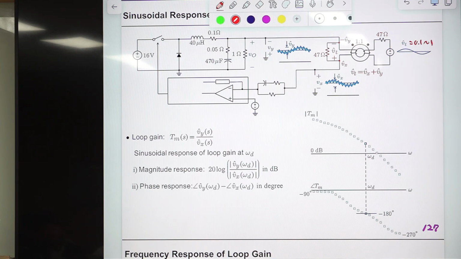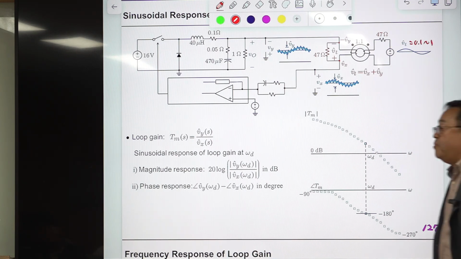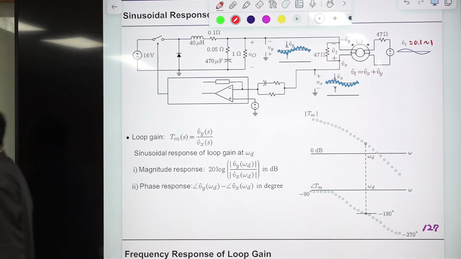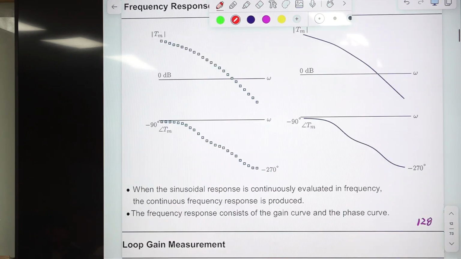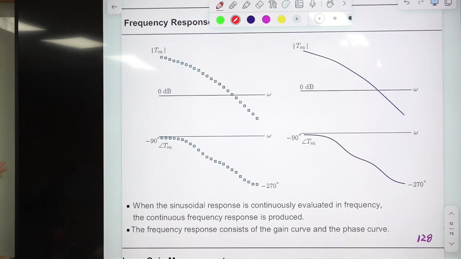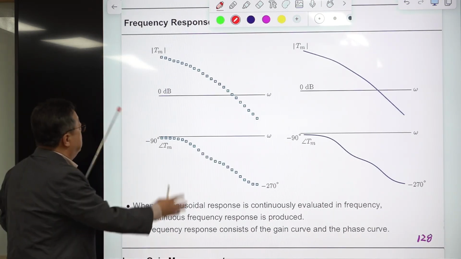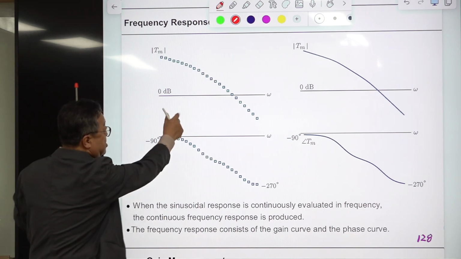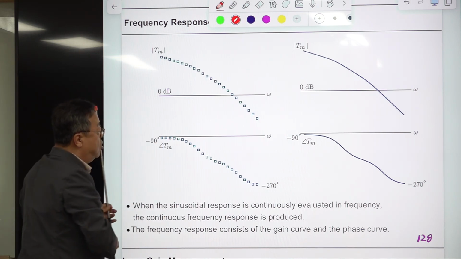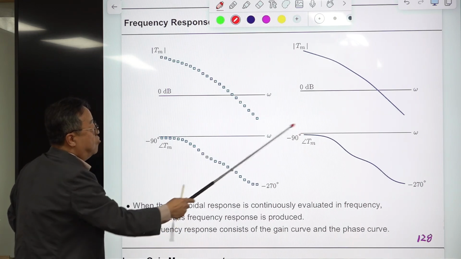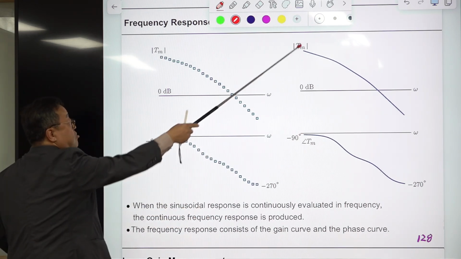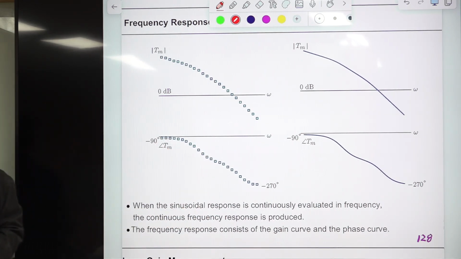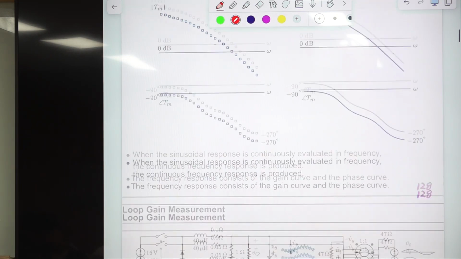So this is the concept of frequency response of this converter. We increase the number of data points, and if we sufficiently decrease the distance between data points, then the continuous curve will be obtained. This is the magnitude response curve, and this is the phase response curve.